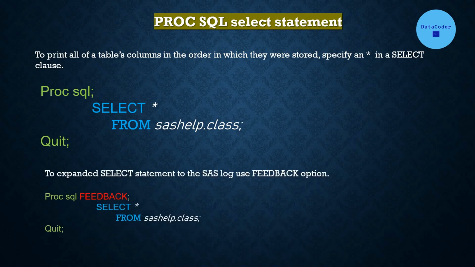And we can use an option called feedback. To expand the select statement in the SAS log, use the feedback option. So this star will be expanded to all the variables in the log if we use this feedback option.